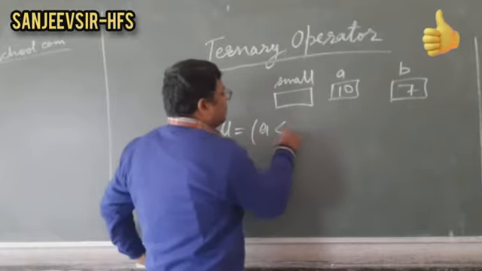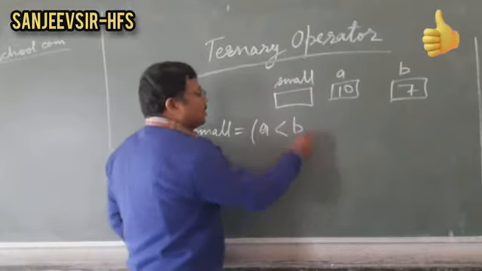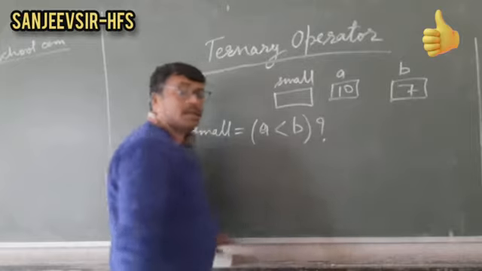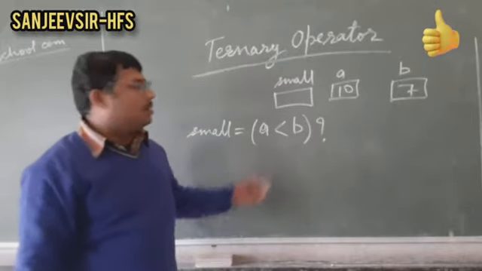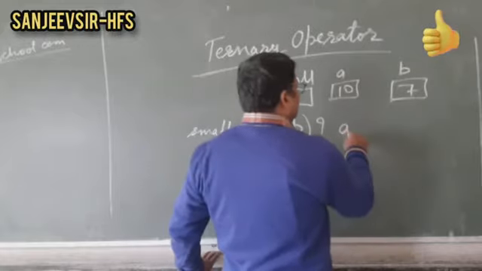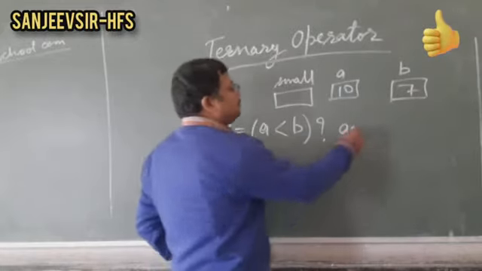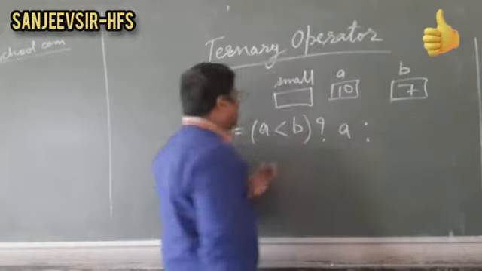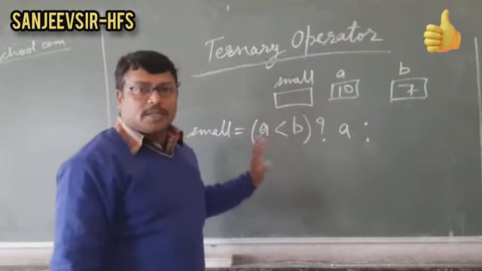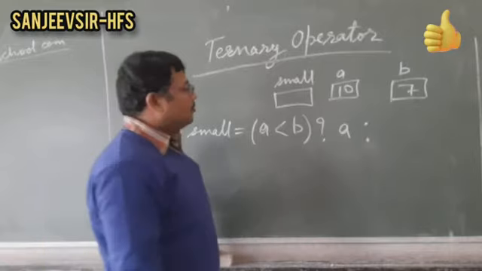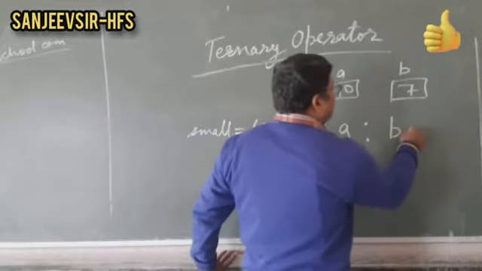If A is less than B, that means in this condition where A is less than B, that means A is smaller. So at the true block, A will be assigned, and if condition becomes false, that is A is less than B is false, it's clear B is smaller. So now we will assign here.